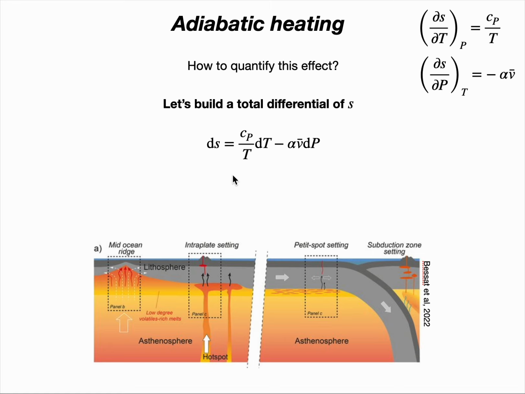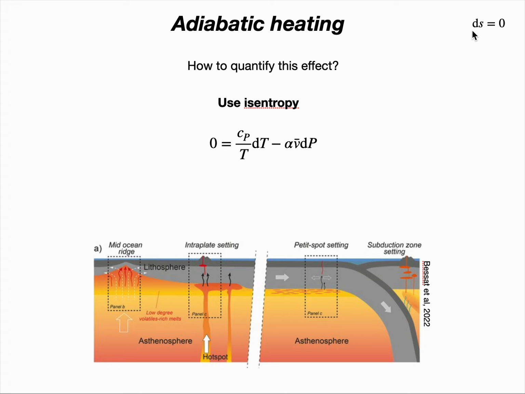So dS is Cp over T dT minus alpha V dP. We've stated before, we should consider an isentropic process. So let's set dS equal to 0. We get Cp/T dT minus alpha V dP is equal to 0.